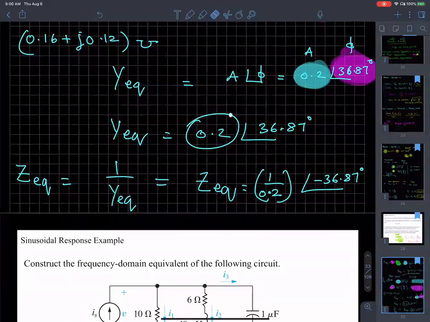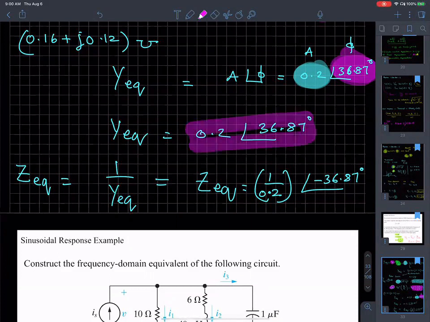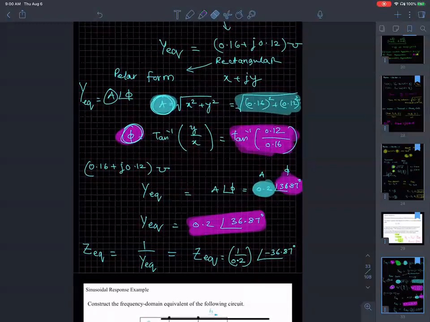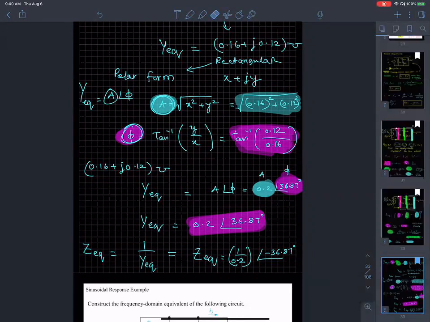When you take a number and find the inverse of it in polar form, it's very easy to do. You simply divide 1 by the magnitude to get the magnitude, and you put a negative sign on the angle. That's the exact reason why you go from rectangular form to polar form, because it's easy to do division in polar form.